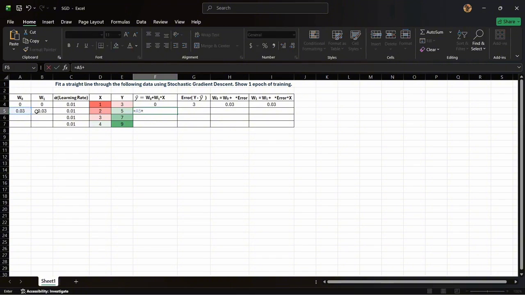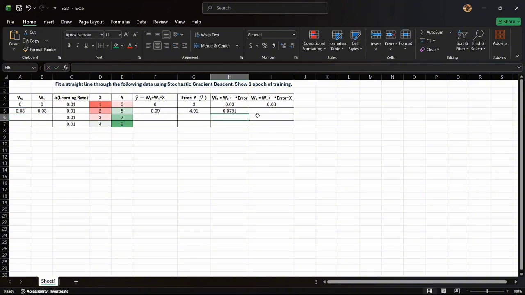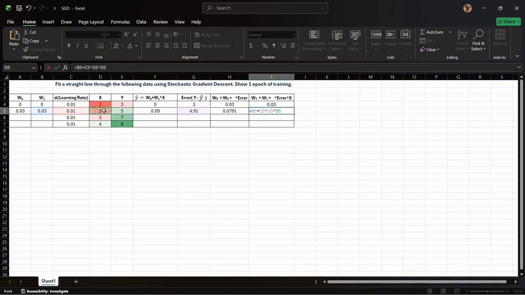w0 plus w1 into x, and error as actual value minus predicted value, and w0 plus learning rate into error, and w1 equals w1 plus learning rate into error into x.